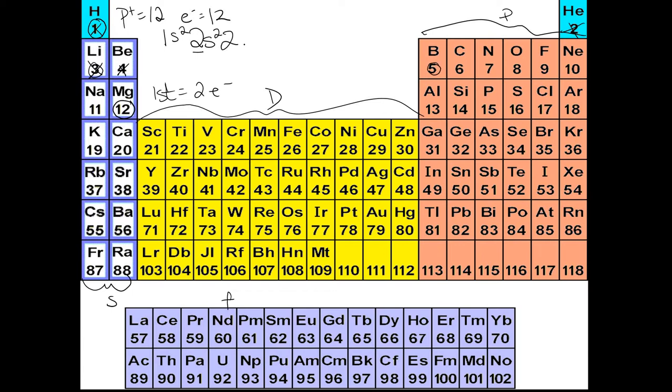We're still in our second energy level, but now we're in the P block, and now we're going to have 1, 2, 3, 4, 5, 6 electrons. Our second energy level can only hold 8 electrons. We have 2 plus 6, so our second energy level currently has 8 electrons.